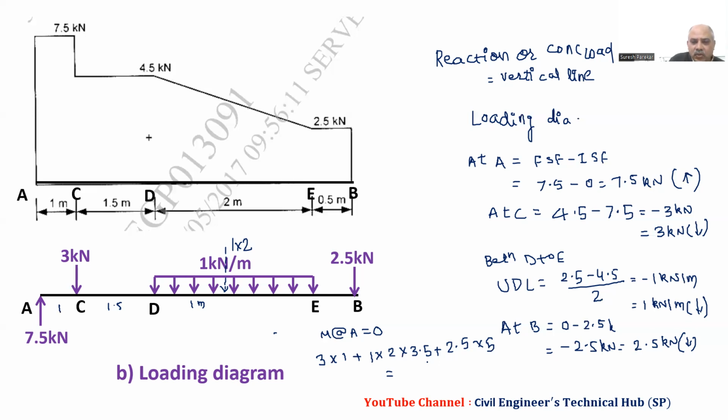It comes to 22.5 kilonewton meter. It is clockwise. To balance it, we have to apply an anti-clockwise 22.5 kilonewton meter. And now you can take moment about any point, and if it comes to 0, then we are correct.